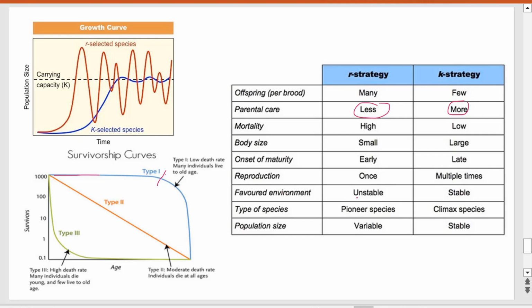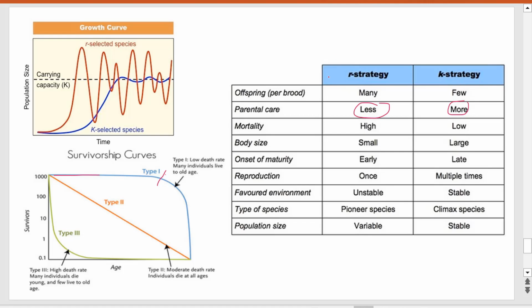Favored environment is unstable for R strategists. So you can see whenever the environment is favorable, they reproduce. They produce a large number of individuals or offsprings when the environment is favorable, and when the environment becomes unstable, all those individuals die.